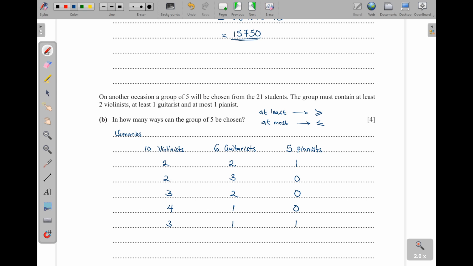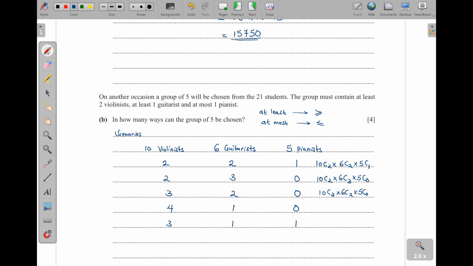Okay, now this one will be 10 combination 2 times 6 combination 2 times 5 combination 1. Okay, I'm putting all of this together. Then out of the 10, we are having 2, so 10 combination 2 times 6 combination 3 times 5 combination 0. And the next one, 10 combination 3 times 6 combination 2 times 5 combination 0.